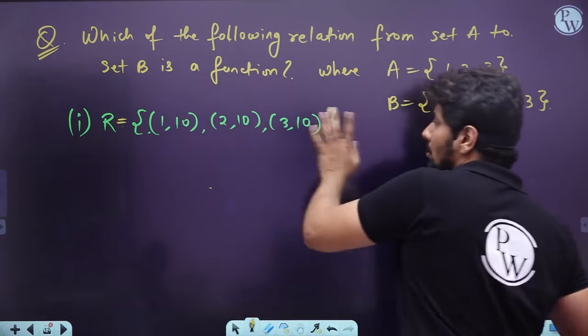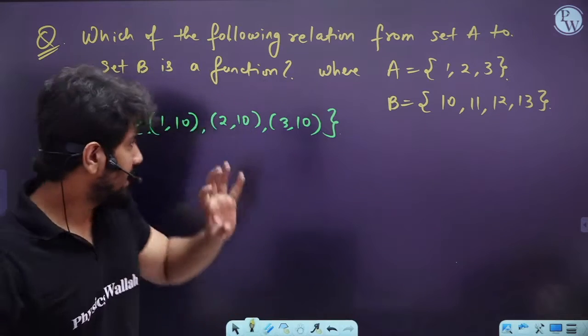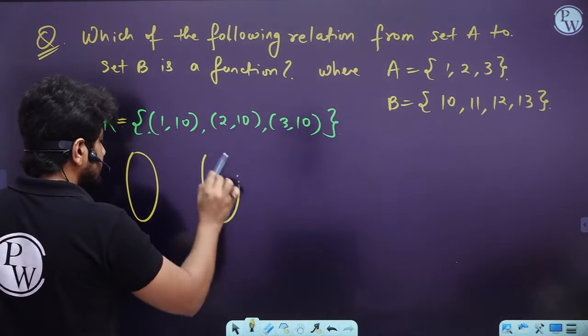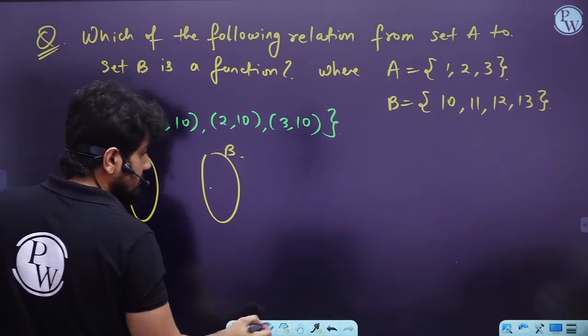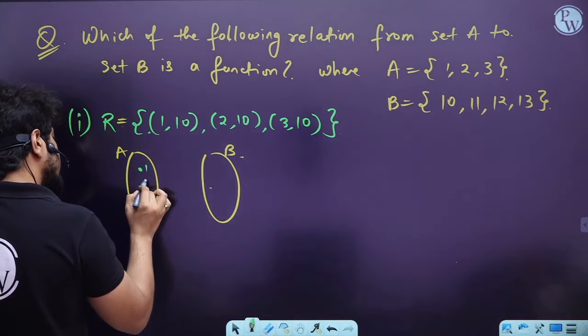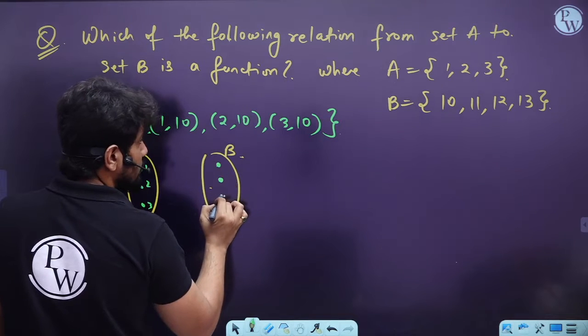It means that if I represent it diagrammatically, this is how I will represent it. This is set A, this is set B. In the set A, we have 3 elements, 1, 2, and 3. In the set B, we have 4 elements, 10, 11, 12, 13.